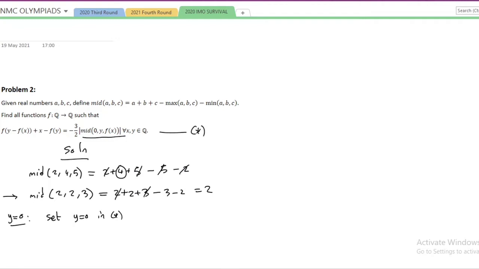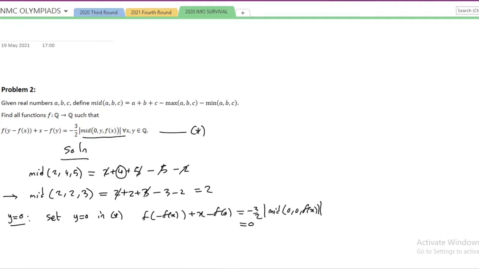What we get here is f of minus f of 0 plus x, minus f of 0, is equal to minus 3 over 2 times the absolute value of the mid of 0, 0 and f of x. So 0 is going to be the mid of this, and so this is just simply equal to 0. That simplifies the complicated portion.